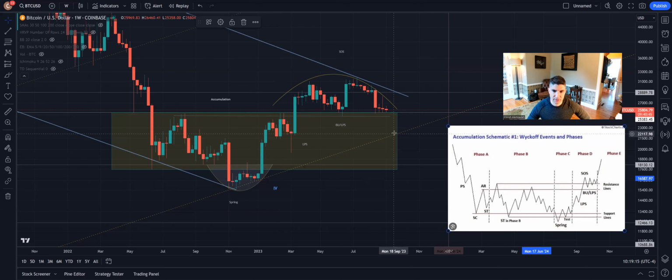And even if we were to get back to this 22 and change level, and make a higher low here, that's still an uptrend.